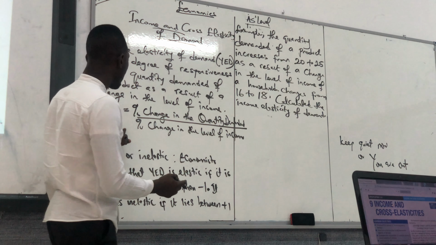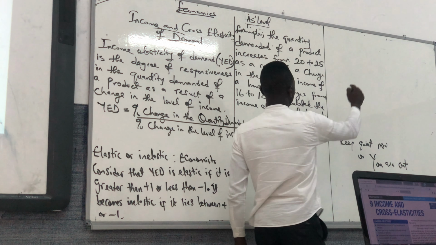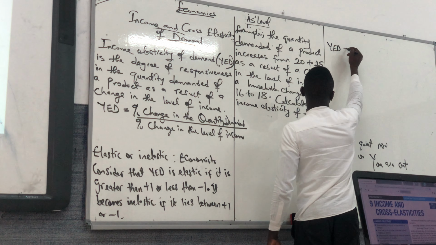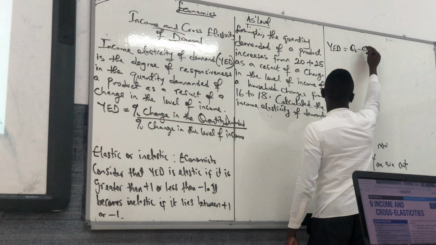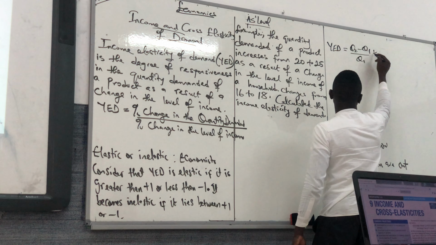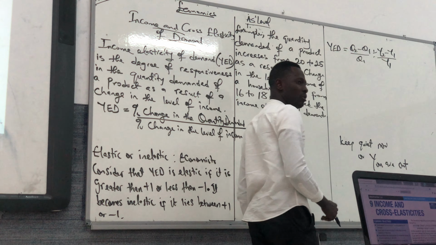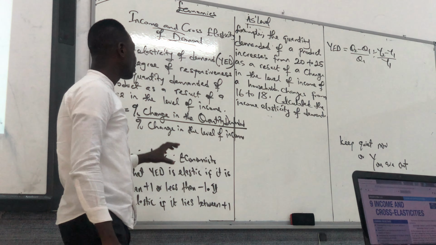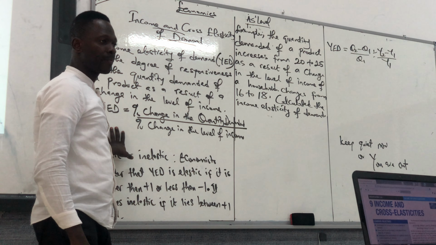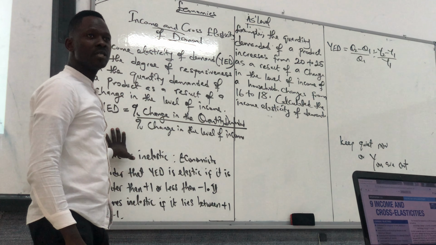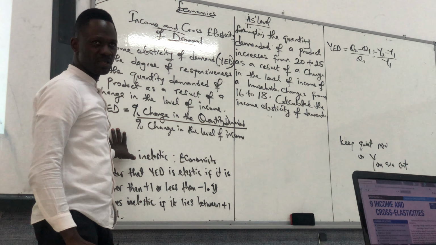So our YED equals (Q2 minus Q1) over Q1, divided by (Y2 minus Y1) over Y1. Income is expressed as Y. Is it clear, please? Do you have any question?